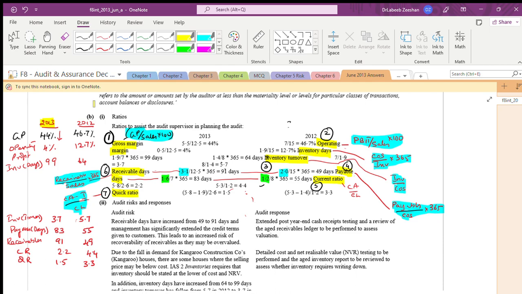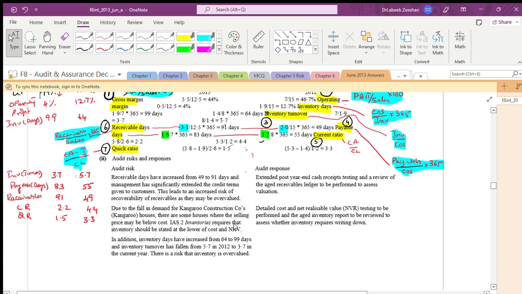Your gross profit reduced, your operating profit reduced, your inventory days has been increased, inventory turnover has been reduced, payables has been increased, receivables has been increased, current ratio is decreased, quick ratio is decreased. You take any sign where you will find positive terms. No way. Any problem related to this type of calculations will always have the same trend. That's very, very important.